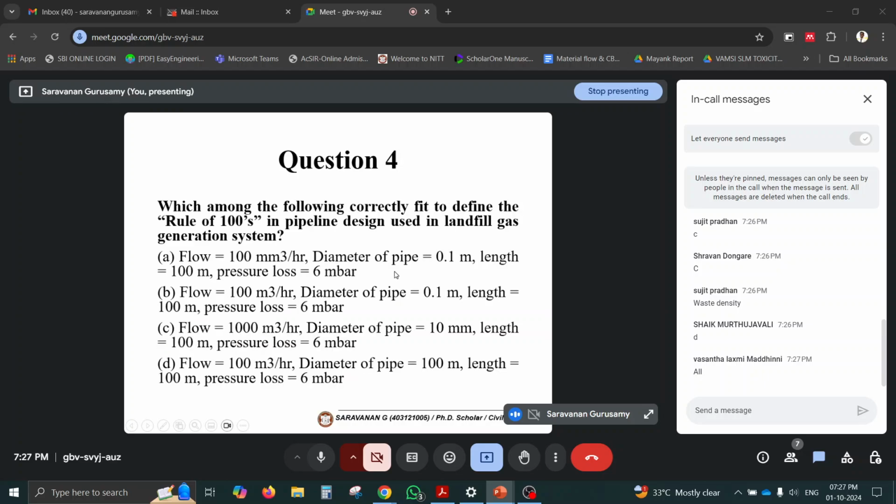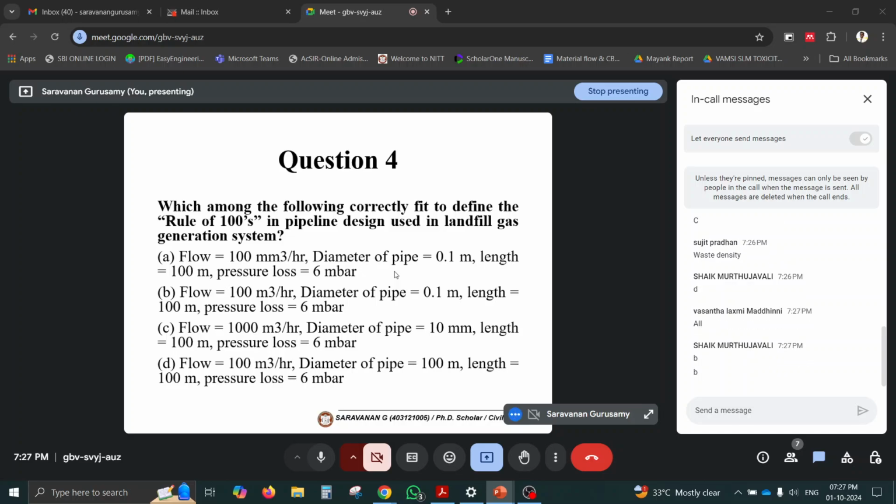Okay. So this is the thing we have discussed in the rule of hundreds. The pressure loss is directly proportional to the quantity of methane flow, the diameter of the pipe, and the length of the pipe. So we have a rule of 100.